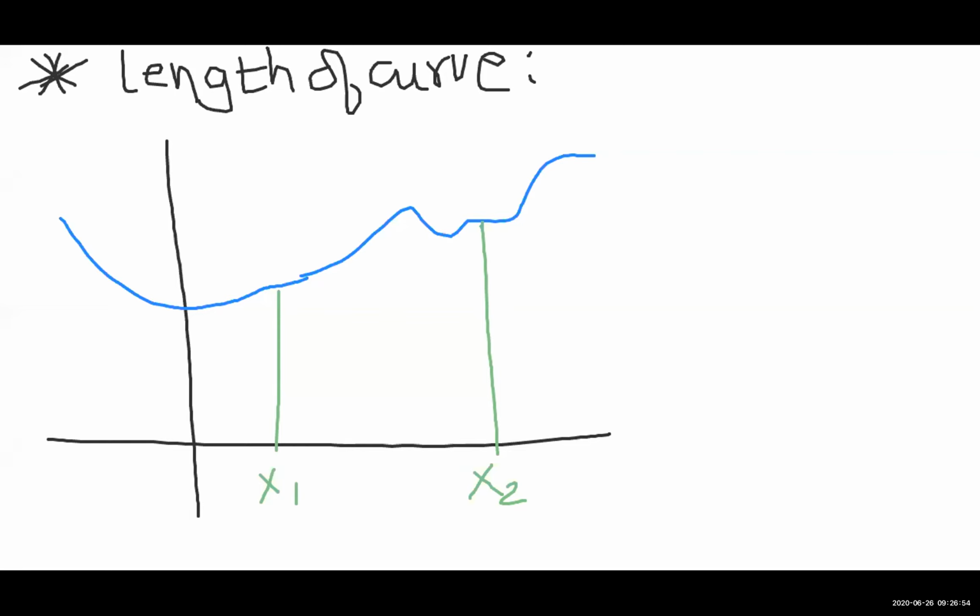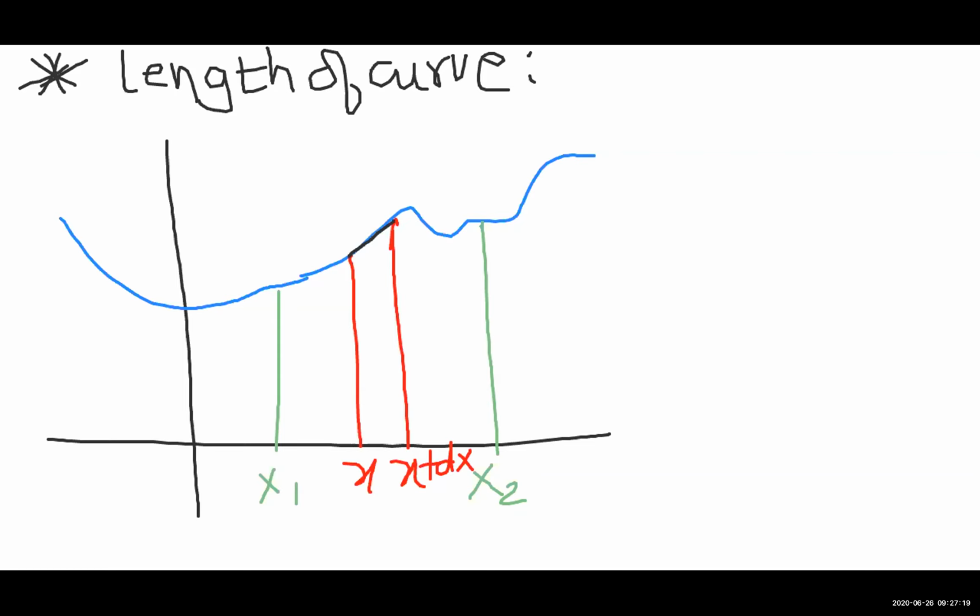Here also we look at a very small part between x and x plus dx, right? So this is the small part of the curve that we are looking at.